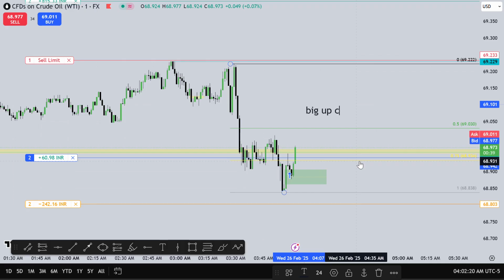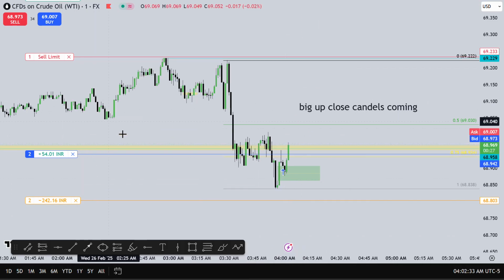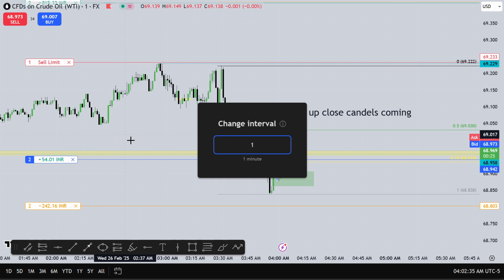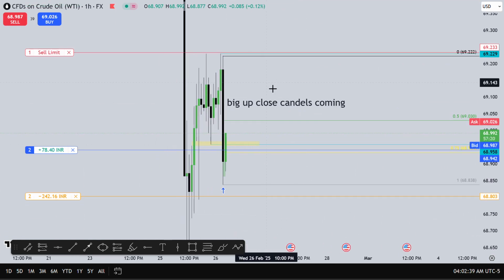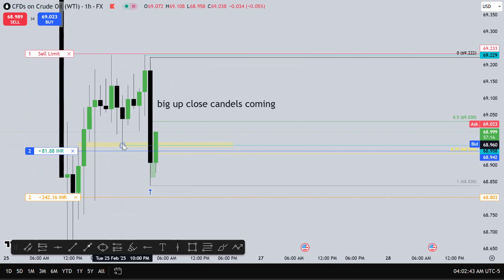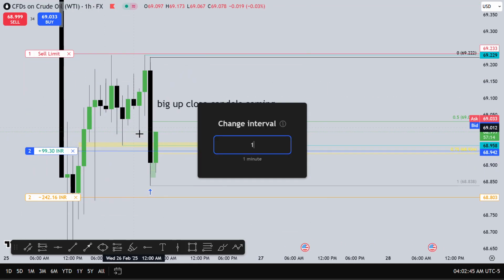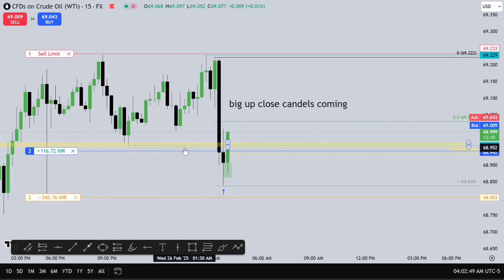Close candles. If you want to go back to the 1 hour, on the 1 hour we have the inversion failure.